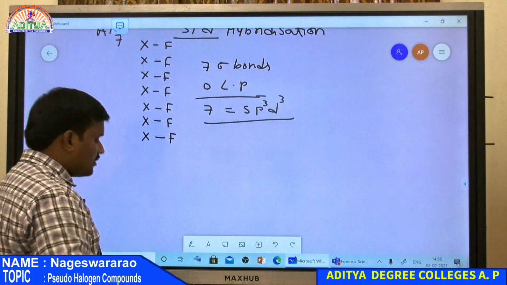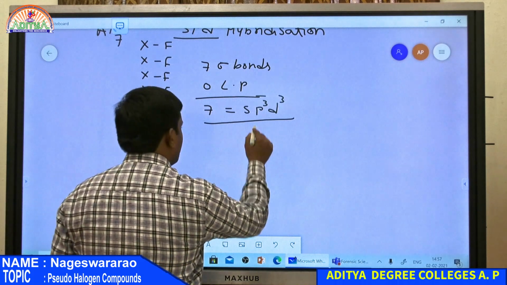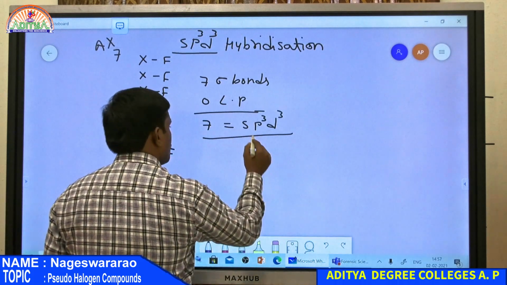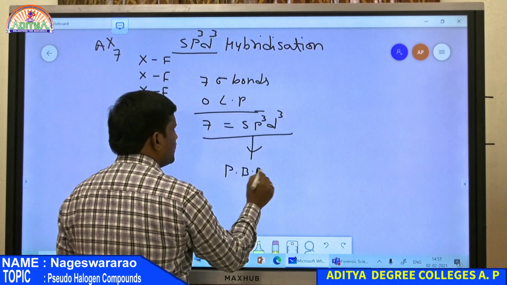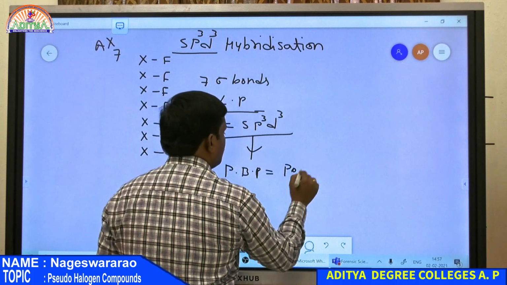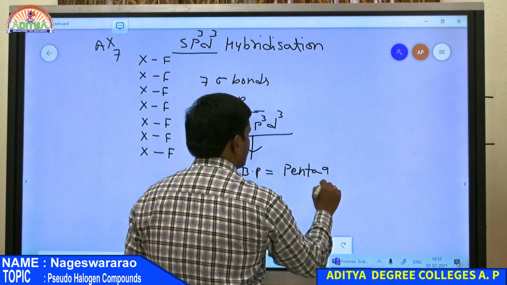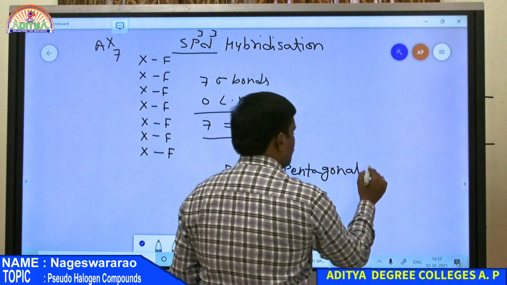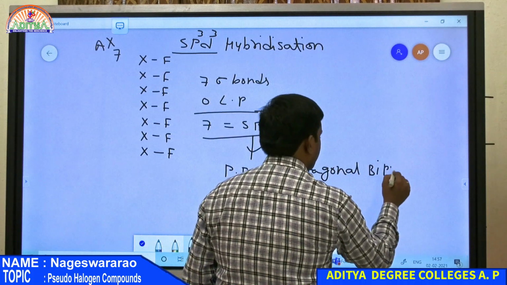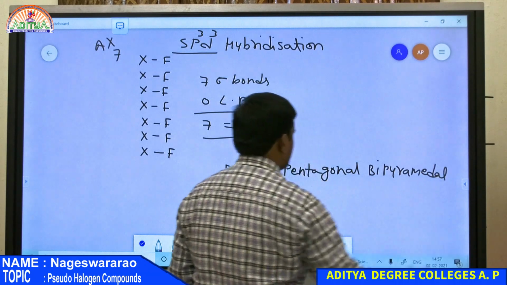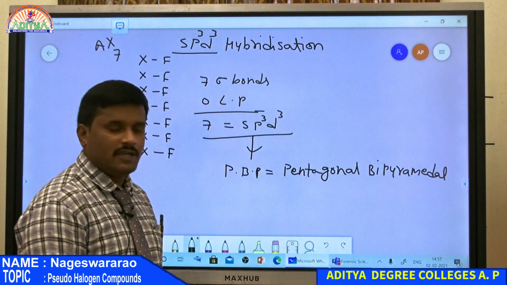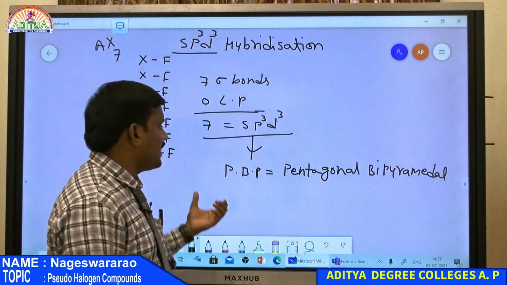The geometry for an sp3d3 hybridized central atom is PBP, that is pentagonal bipyramidal. So this is the geometry of AX7 type interhalogen.